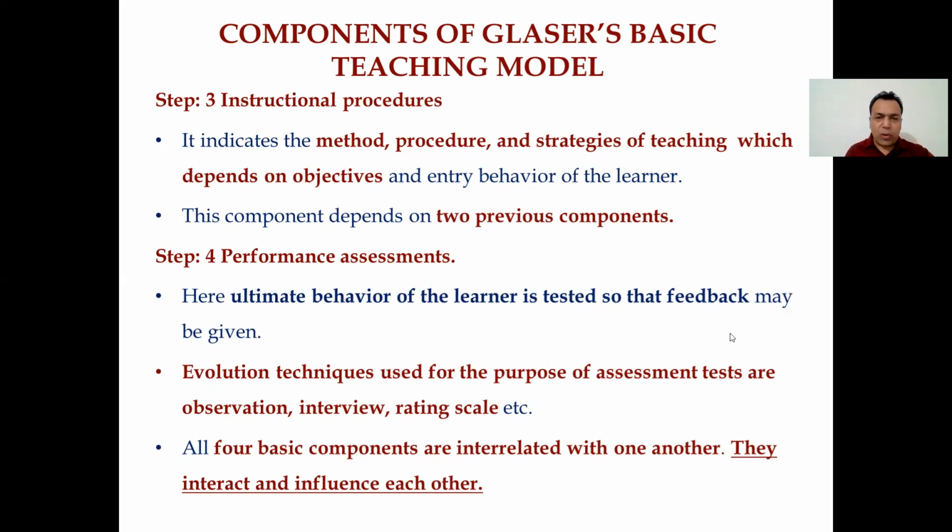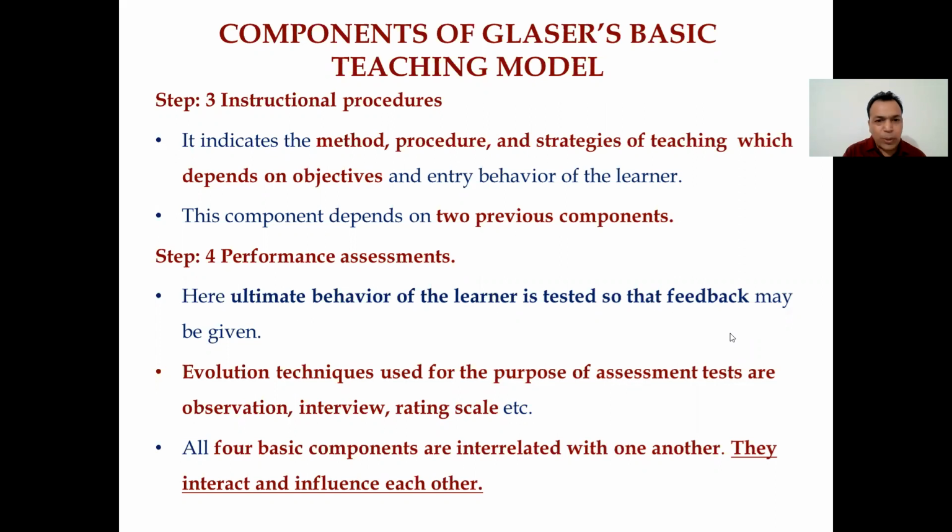First of all, you have come to know the knowledge of the student, behavior of the student, and previous knowledge. Now, according to that, you have prepared your method, your strategies, your instructions, how you have to deliver to the student. This comes under the instructional procedure.